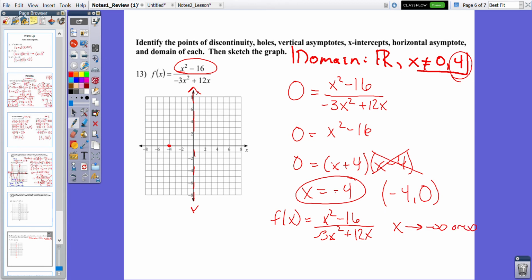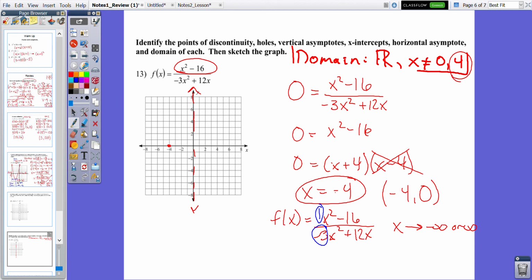When we approach a really large number, we want to take a look at the coefficients of our largest degree. The coefficient on the numerator x squared is 1, and the coefficient on the denominator x squared is negative 3.